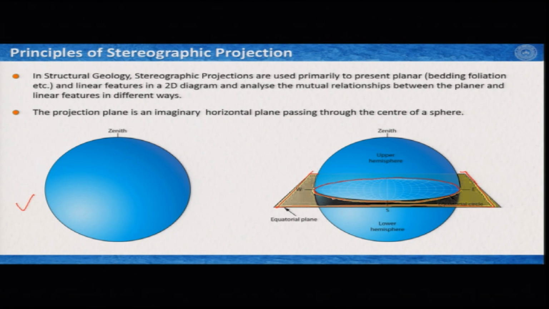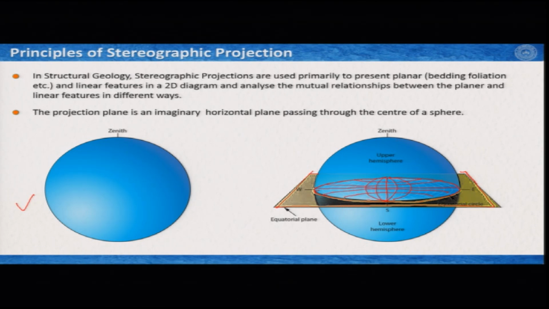This circle is also known as the primitive circle. As you can see here, these are your great circles on different sides, and these are your small circles running from west to east.